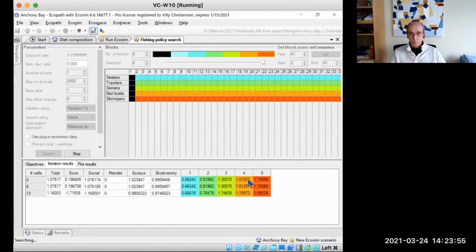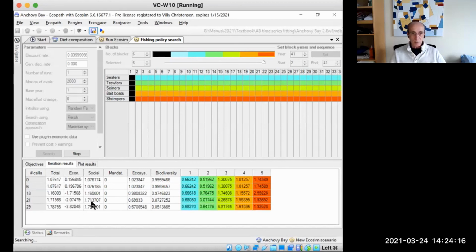Based on that, it got to that. And you can see that after the first time it made the change, it got a negative value over here. Oh, sorry, economic value is negative. Yeah, it's losing money now, of course. It's losing money because it's increasing the number of jobs, and there is no constraint on it here. We haven't invoked the constraint up here saying prevent cost bigger than earnings.